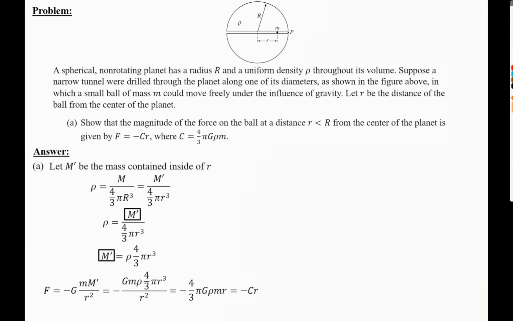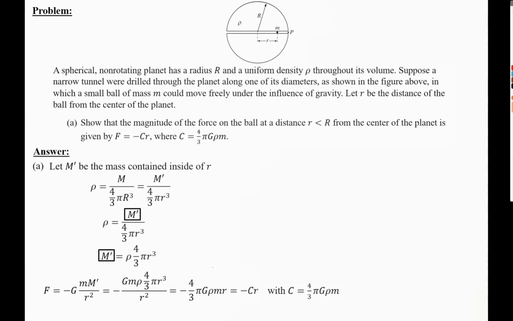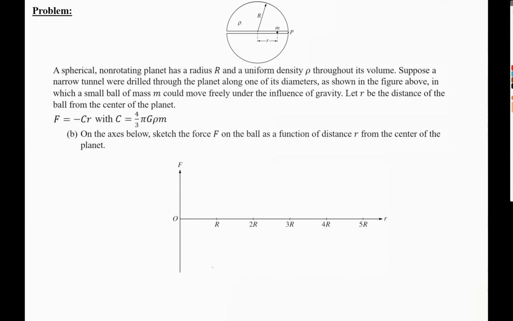Comparing it with minus CR, we notice that C would be given by 4 over 3 pi G rho m. Then we can say that the force of gravity exerted on the small mass m inside the narrow tunnel is given by minus CR, with C given by 4 over 3 pi G rho m, G being the gravitational constant.